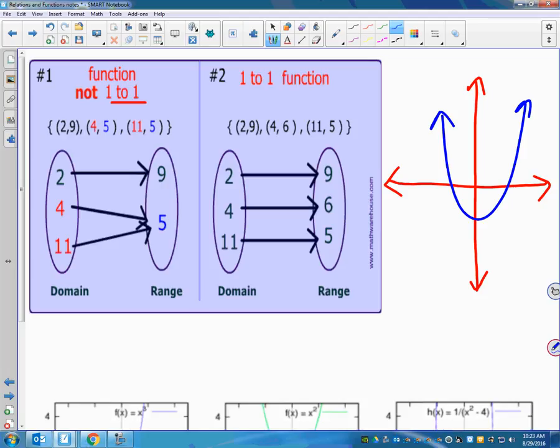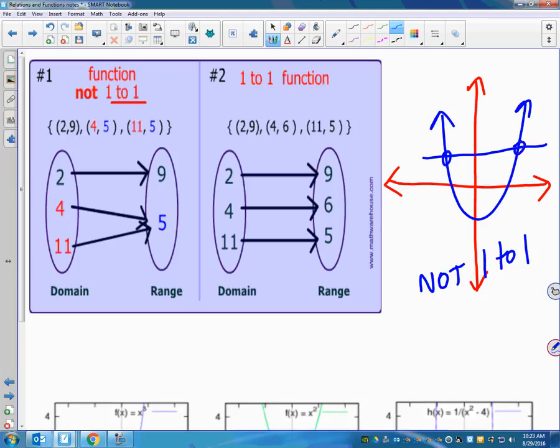So we can call it the horizontal line test. If I turn this side to side, is it going to pass the horizontal line test? No, so this is a function that is not one-to-one because if I drew a line right here, two of the y's are the same.